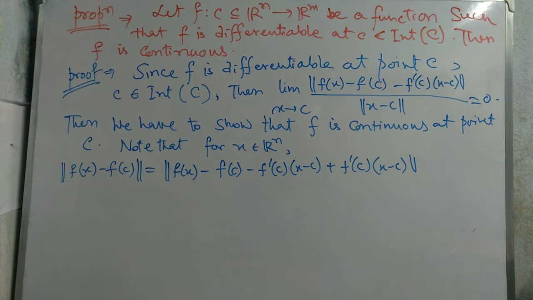So you have to show that f is continuous. Since f is differentiable at point c and c belongs to interior of C, then the limit as x tends to c of norm of f(x) minus f(c) minus f'(c)(x minus c) divided by norm of x minus c equals 0. Then we have to show that f is continuous at point c.